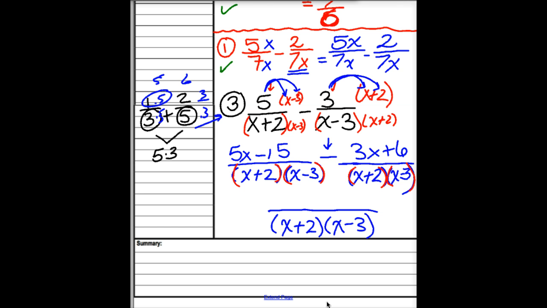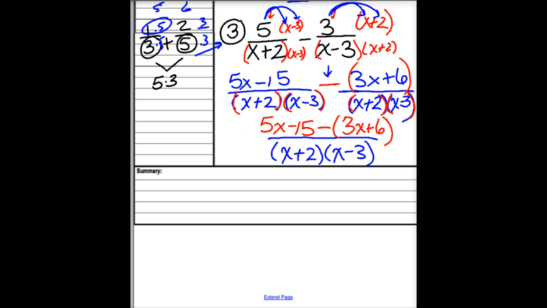And you got to be really careful here because it's going to be 5x minus 15 minus, and I need to subtract all of this. So I've got to make sure I lock and load it in a set of parentheses. I'm running out of paper here. That's how long these are. So now what I do is I'm going to still keep that bottom.